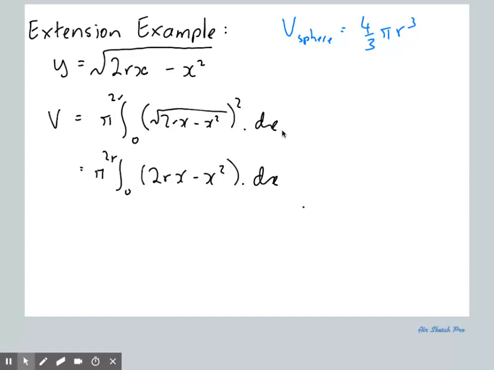Remembering that r is a constant value, so I don't need to increase the power of r, I'm only looking at x. So that's equal to pi, and then 2rx squared on 2 minus x cubed on 3, between 0 and 2r.